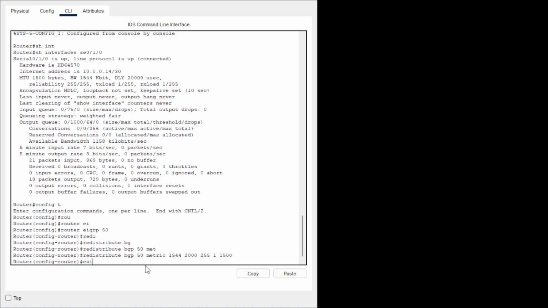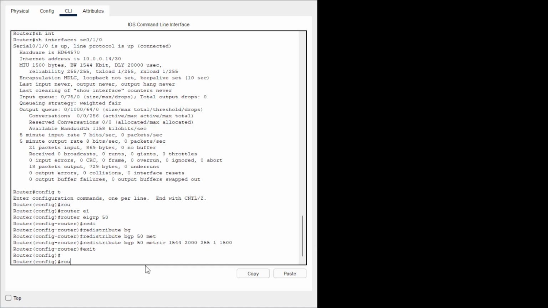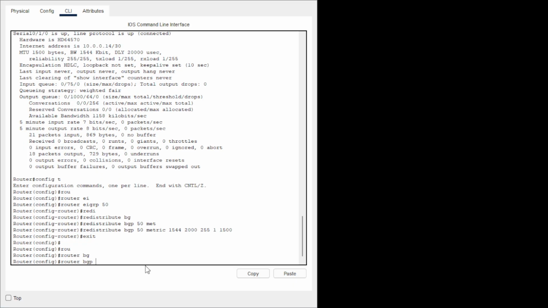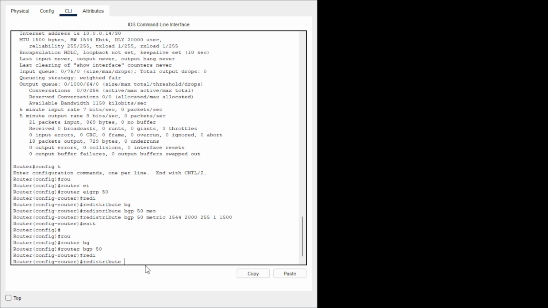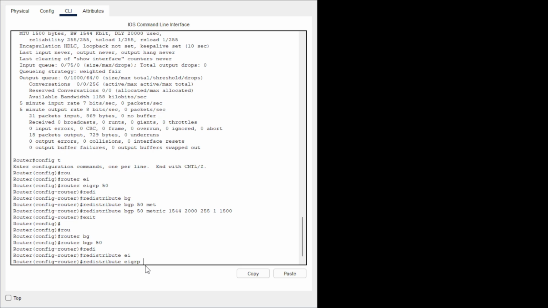Then exit, then router BGP 50, redistribute EIGRP 50.